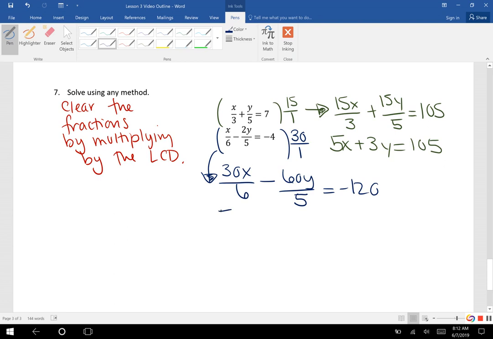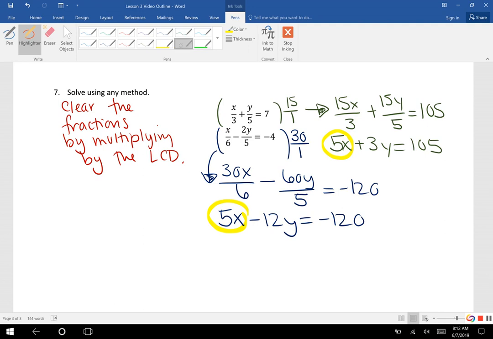And so now I can use either substitution or elimination. I would probably use elimination just because I noticed that both equations have a 5x in them. And so all I have to do is take one equation, perhaps the second one, and multiply it by negative 1, and then I'll have equal but opposite coefficients.